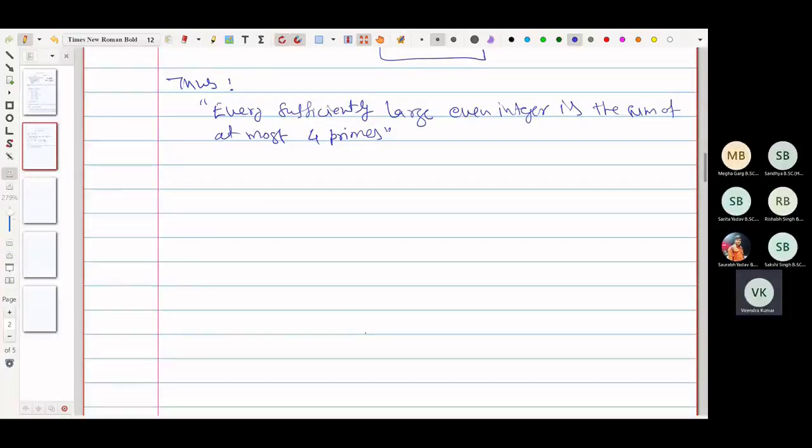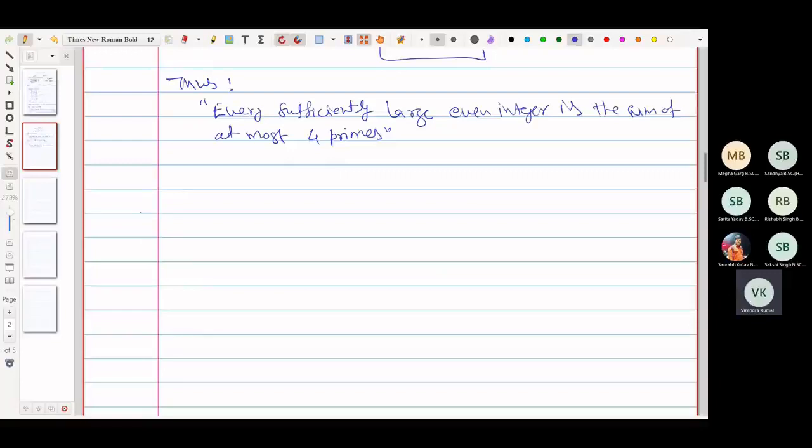So in this direction, there is a result that helps us decide that a given integer is non-prime. This gives us a tool with the help of which we can claim that a given number is not prime.